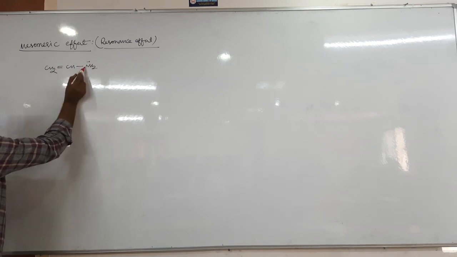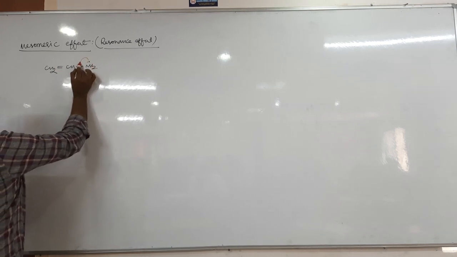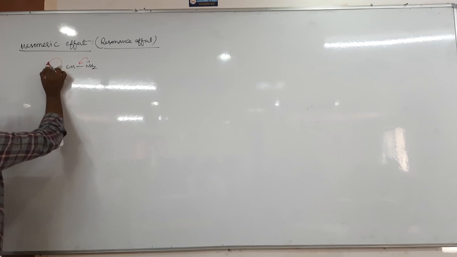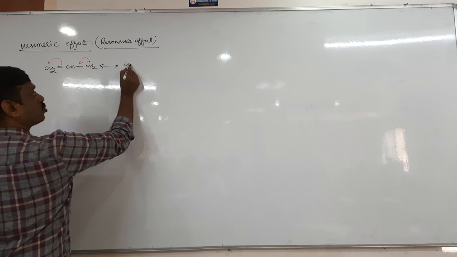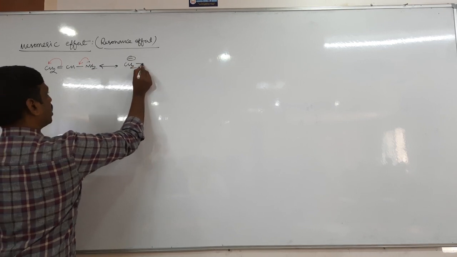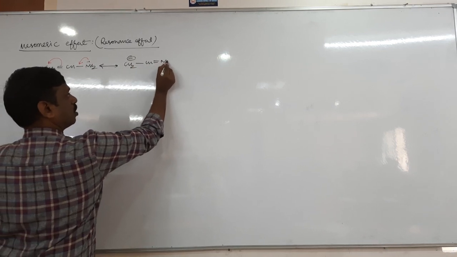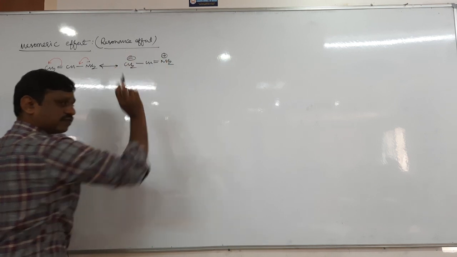If the pi bond and lone pair are in conjugation, this lone pair is involved in resonance and this pi bond shifts here. Then what do you get? CH becomes CH2 minus, CH double bond, NH2 becomes NH2 plus.